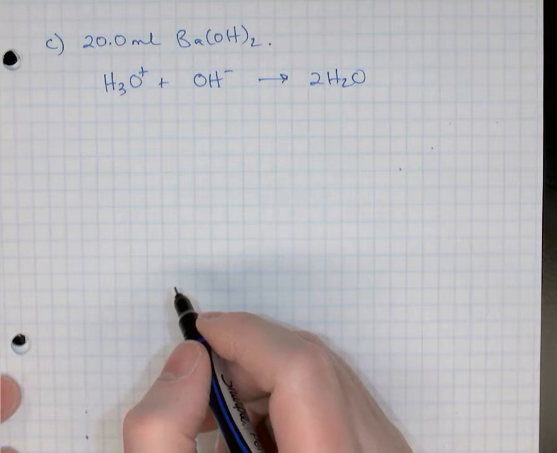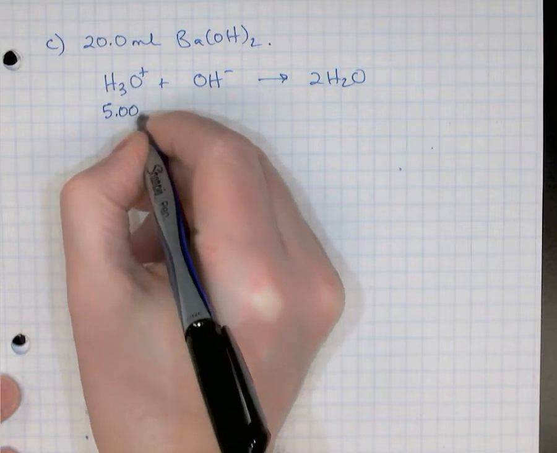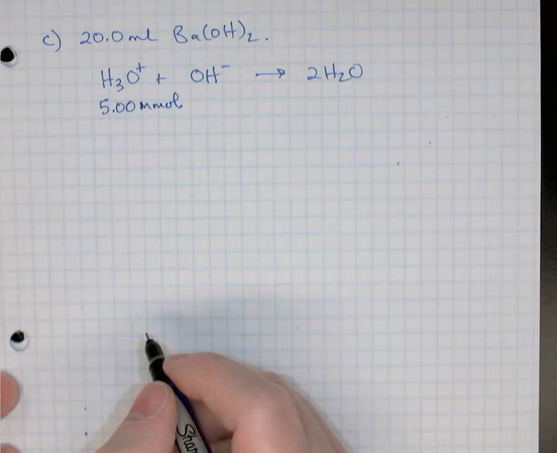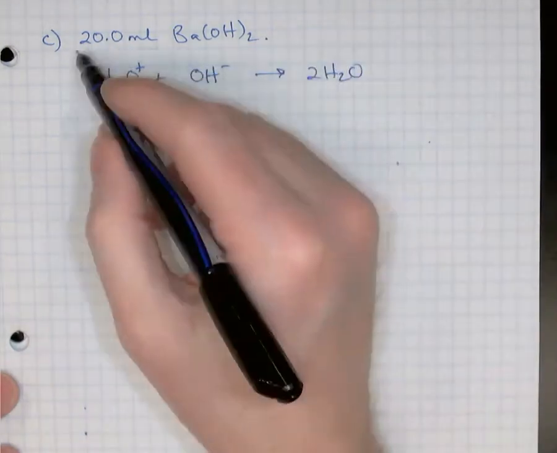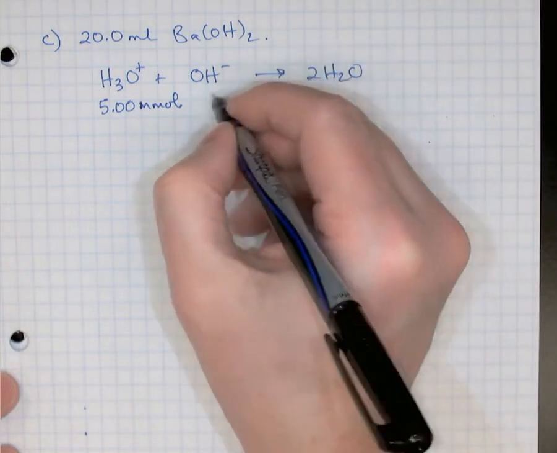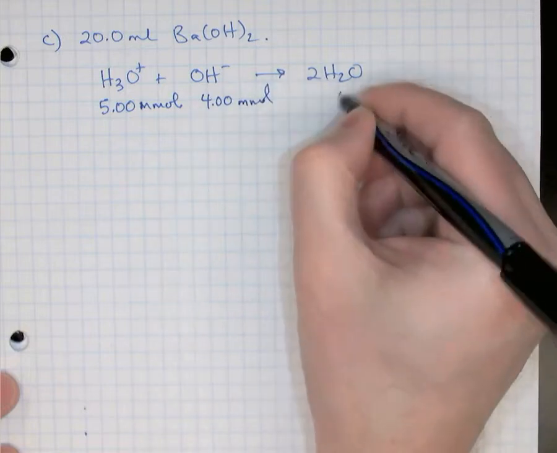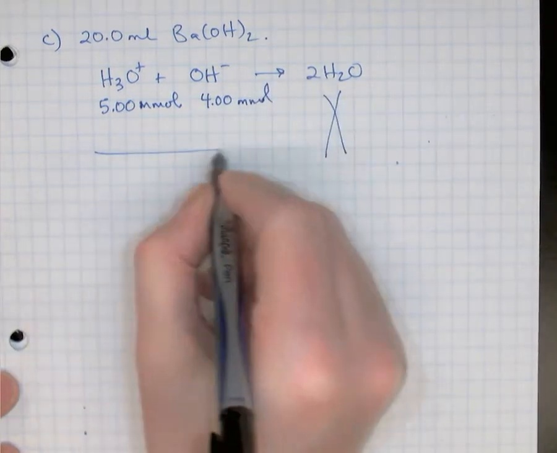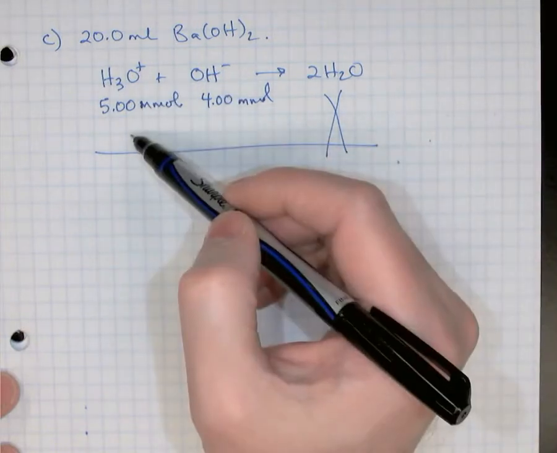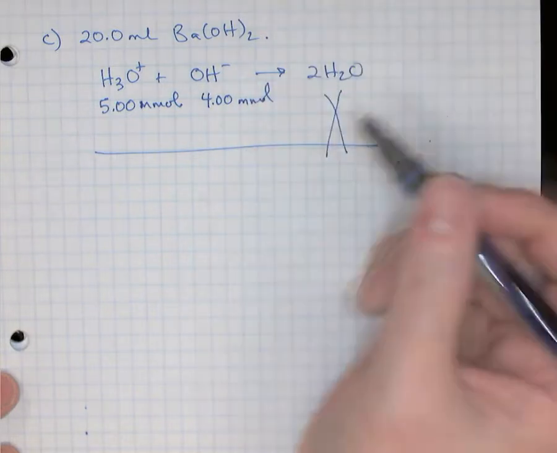We had 50 milliliters of 0.1 molar strong acid, so we had 5 millimoles of hydronium, and we had now 20 milliliters of 0.2 molar hydroxide ions, and so we have 4 millimoles of hydroxide. We can tell that we're still before the equivalence point because we've got more hydronium in the beaker than the base that we've added. So this must still be before the equivalence point.